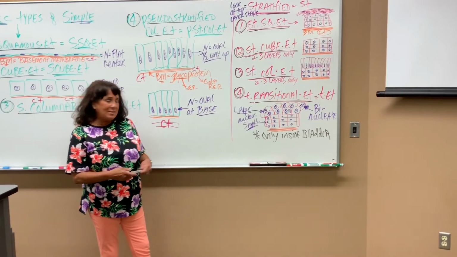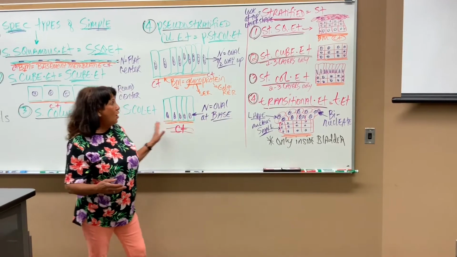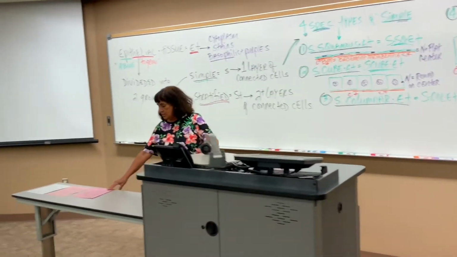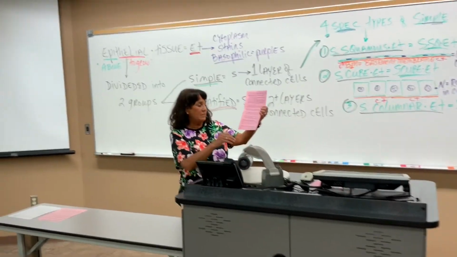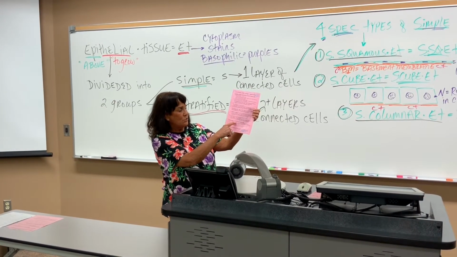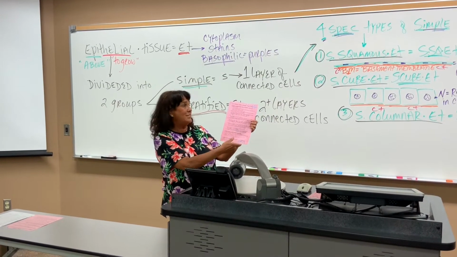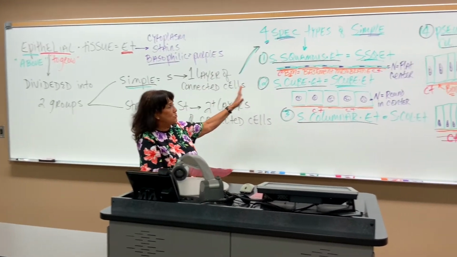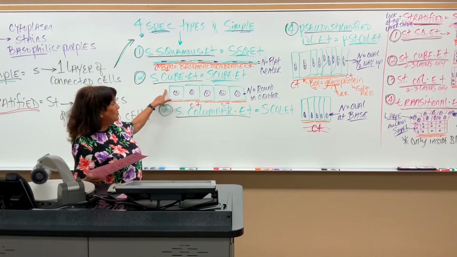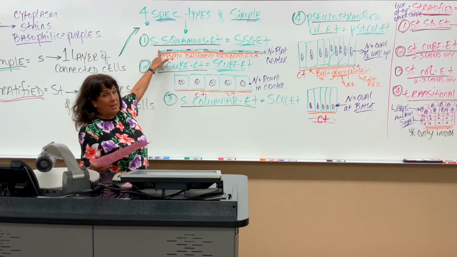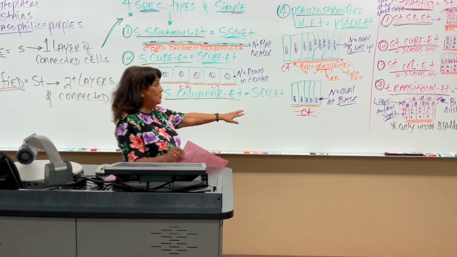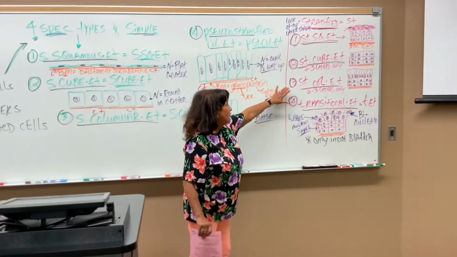All right, so now that's a little introduction to all of the ETs. On your pink sheet, at the very bottom, it says criteria used to classify specific types of ET. What can we use out of all of these 8 pictures to say, oh, this is simple cube versus simple squamous, or stratified squamous, or simple columnar versus stratified columnar?